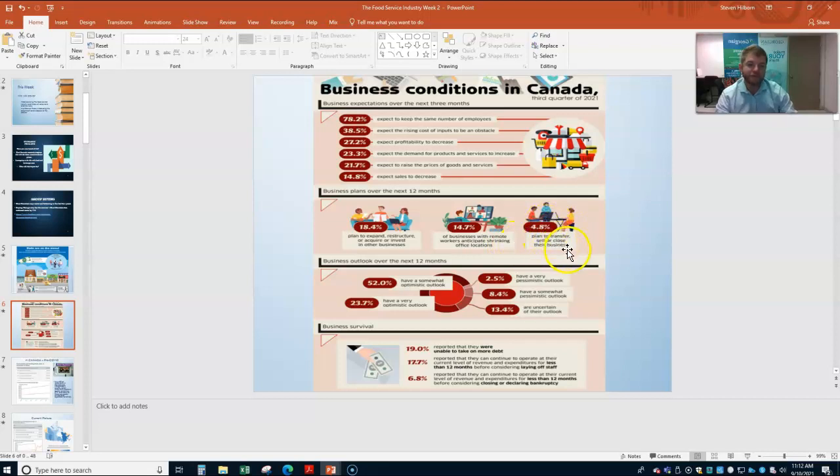And 5% plan to transfer, sell, or close their business. As for the outlook, 52% are optimistic and 24% are very optimistic. So 76% of people in Canada are optimistic about the future, and I am one of those. So count me in on there. And some of the others are a little uncertain of which way to go.